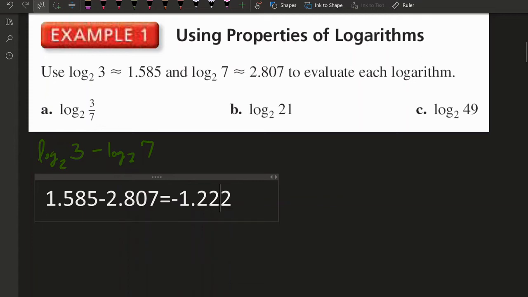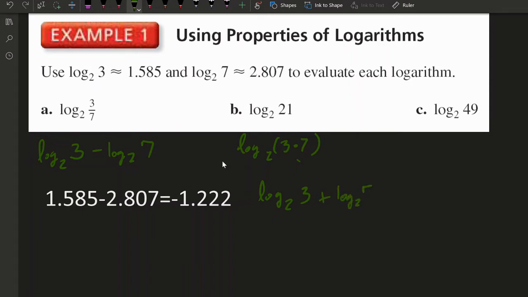Now in this case, I see I've got log base 2 of 21, which I notice 21 is 3 times 7. So I can rewrite this as log base 2 of 3 times 7. And now that I've got it written as a product, I can say this is the same thing as log base 2 of 3 plus log base 2 of 7.